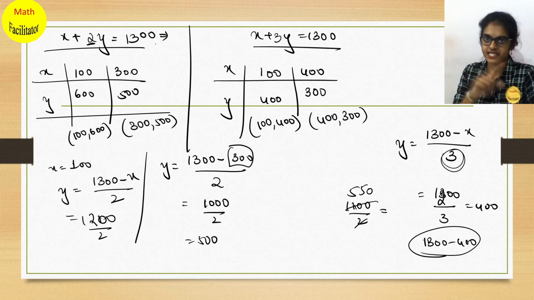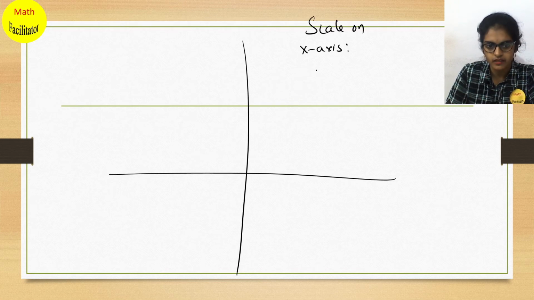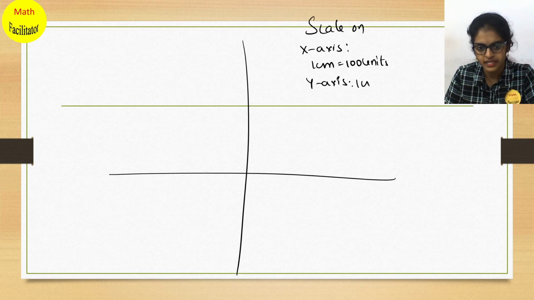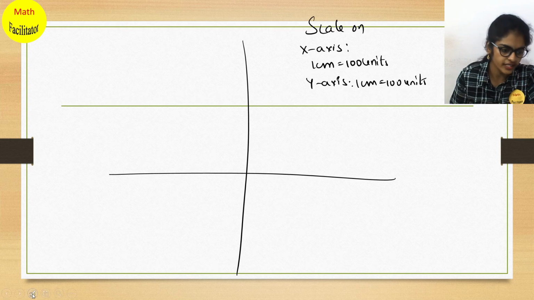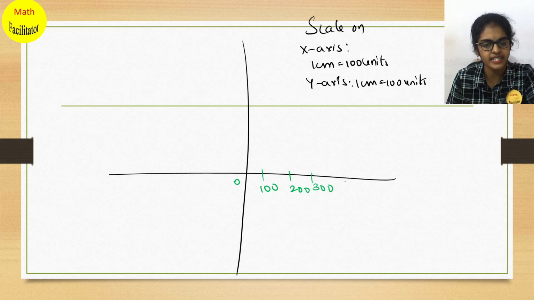Now all the points are in hundreds. So on the x-axis I'll take a scale of 1 centimeter equal to 100 units. Similarly on the y-axis also we are considering 1 centimeter equal to 100 units. So this will be 0, this is 100, this is 200. 1 centimeter you will take as 100 units.